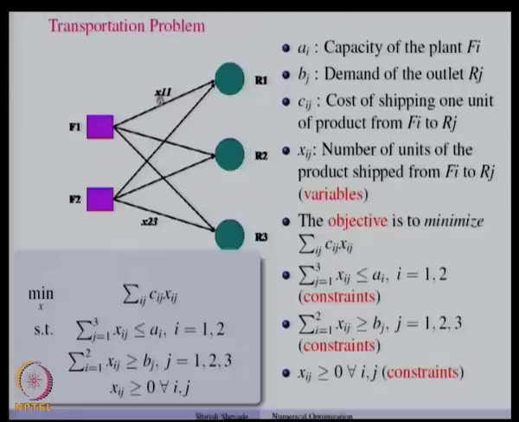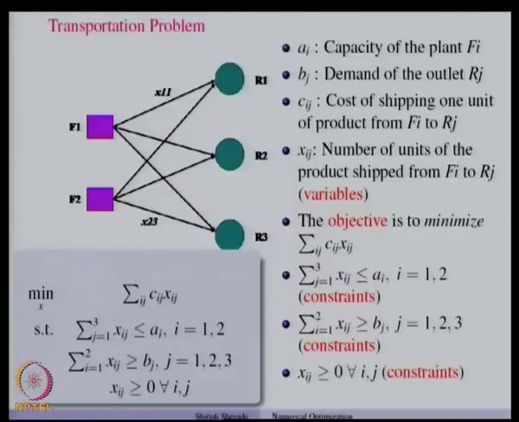Now, let us assume that X11 units are transported from factory 1 to retail outlet 1, and let us denote by Cij the cost of shipping 1 unit of product from the factory i to the retail outlet j.